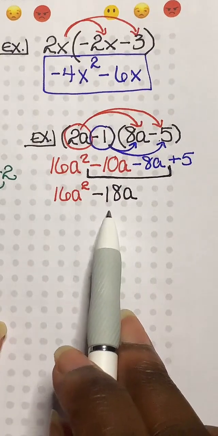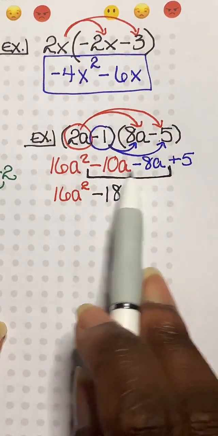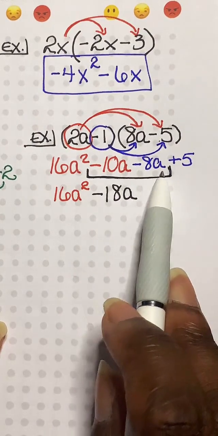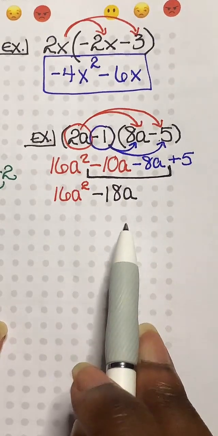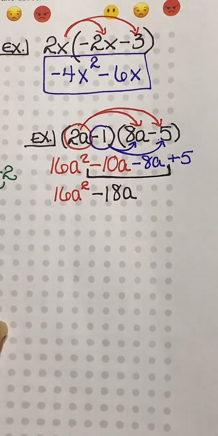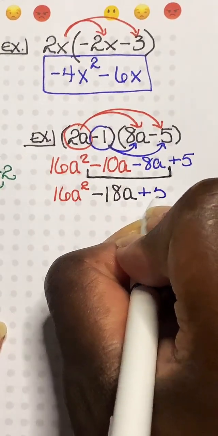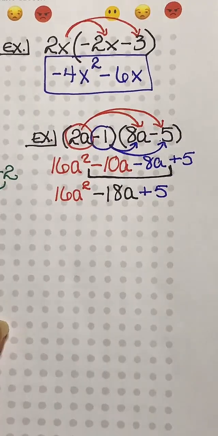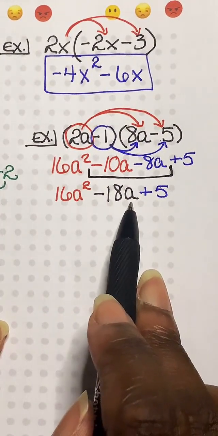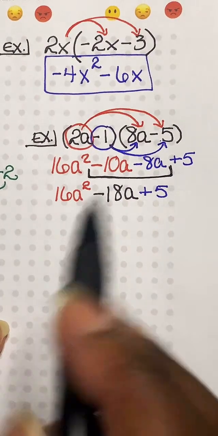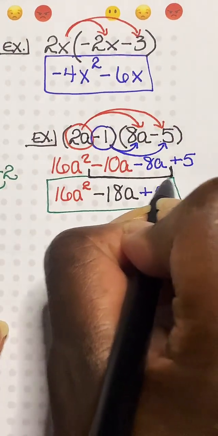So it's just going to be negative 18a, because when you're adding and subtracting, you're keeping your variable and not doing anything with any exponents. Then you have your plus 5 that was on the end. Since we have a squared here, we have a here, and no a's there, we cannot combine any of this.